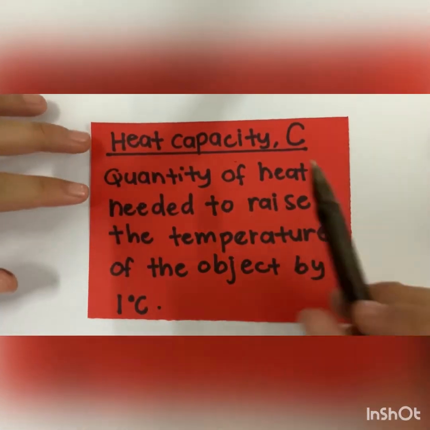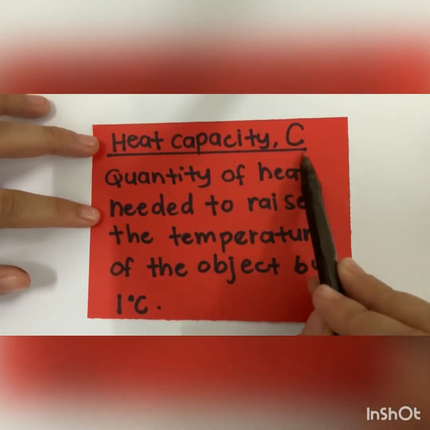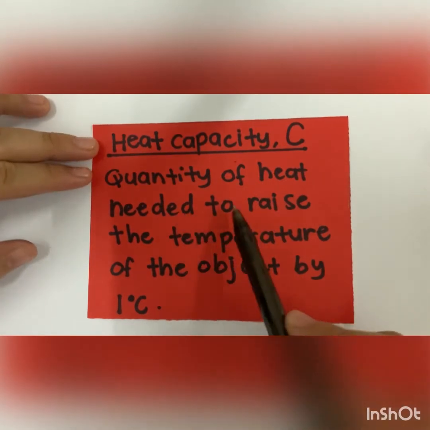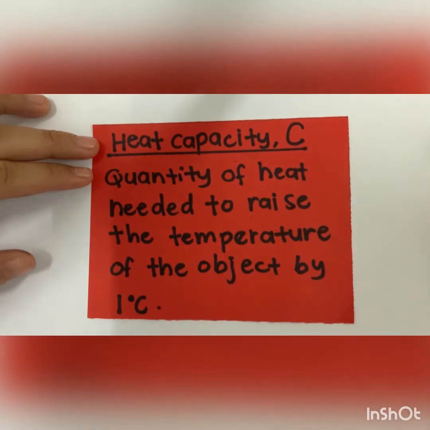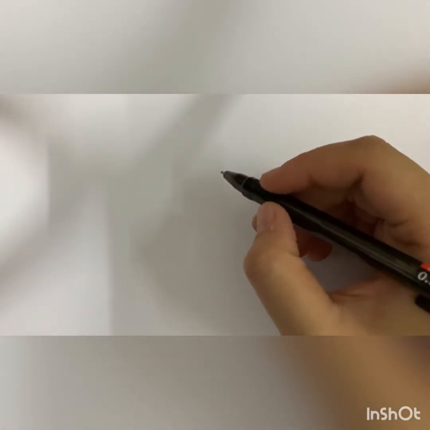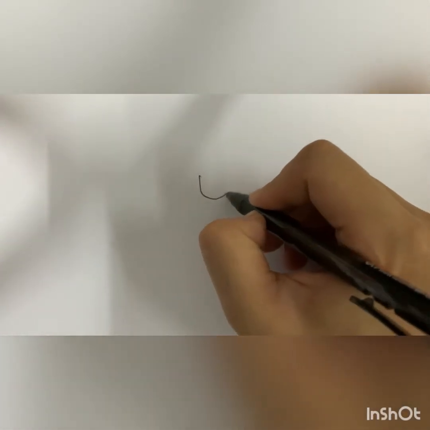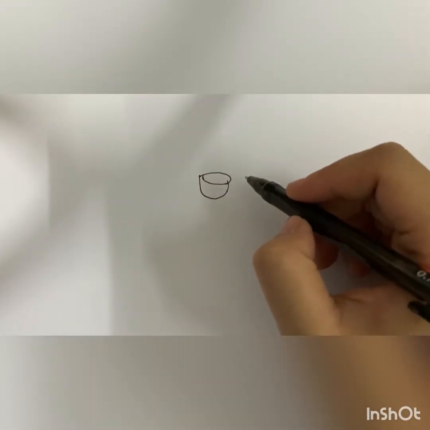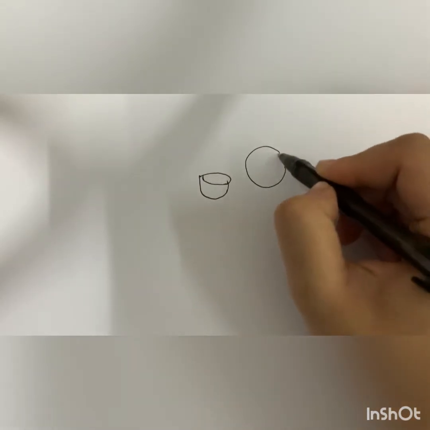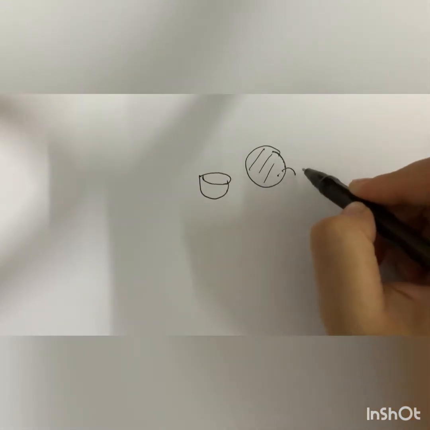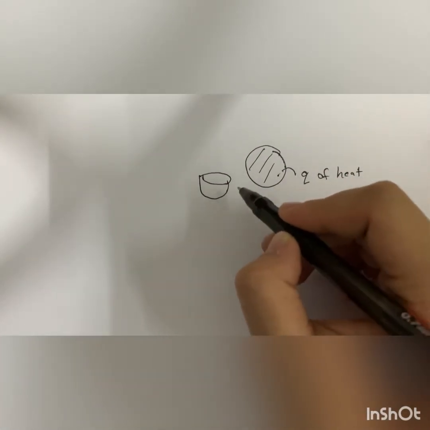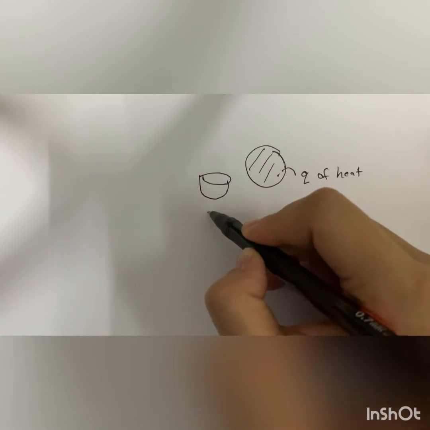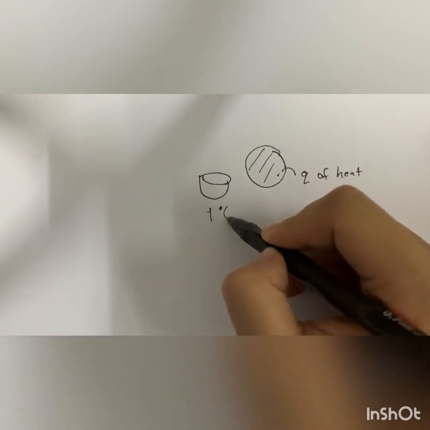So heat capacity, or big C, is the quantity of heat needed to raise the temperature of the object by 1 Celsius.